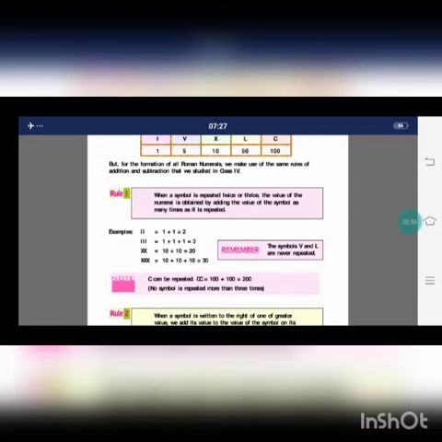So we can repeat any symbol twice or thrice. We can't repeat these symbols more than thrice.